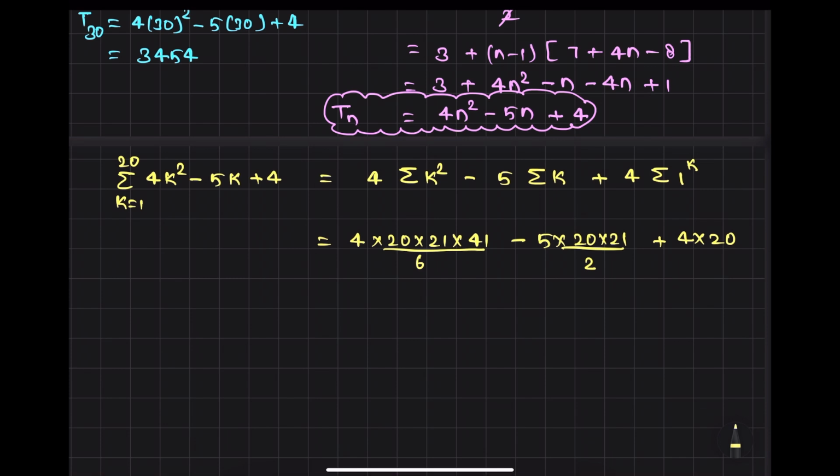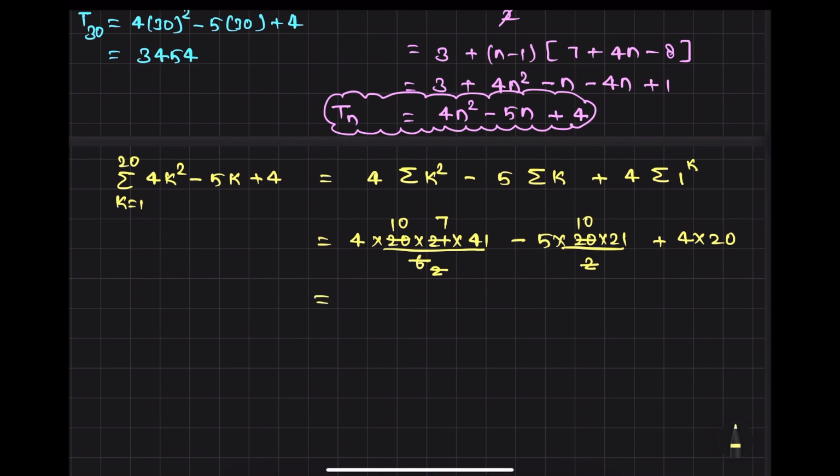Now simplify this thing. 3 twos are 6, 7 times, and this is 10. Here also we will do the same. Now look at this.